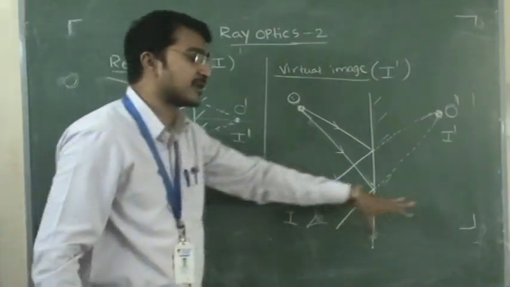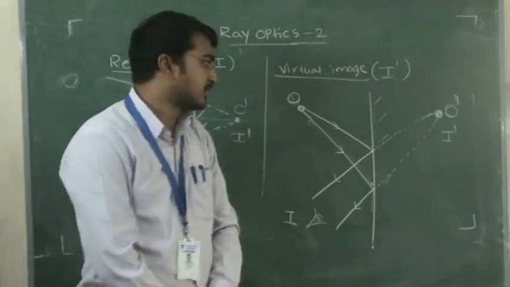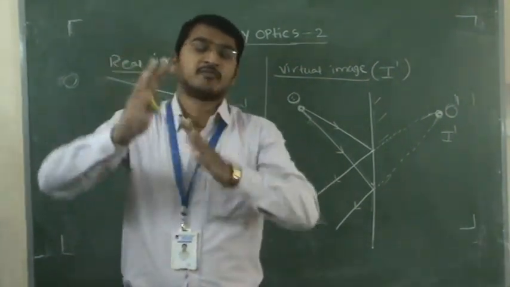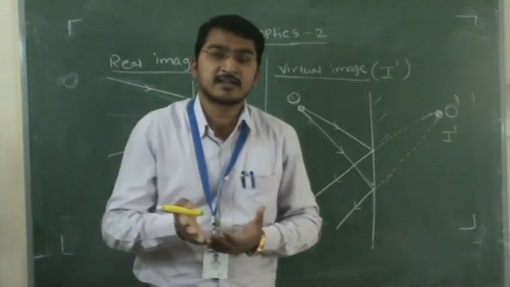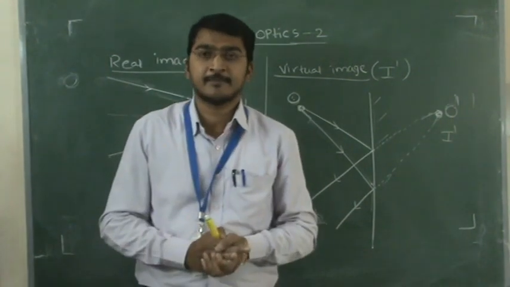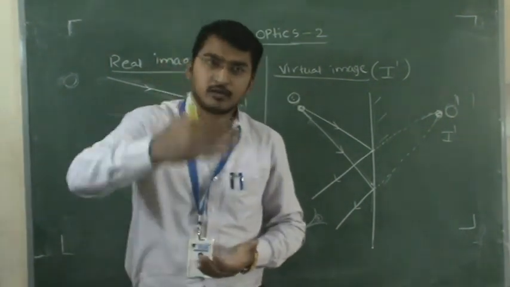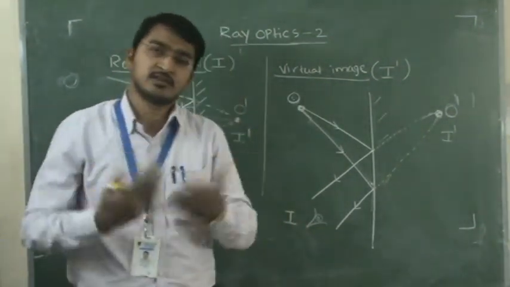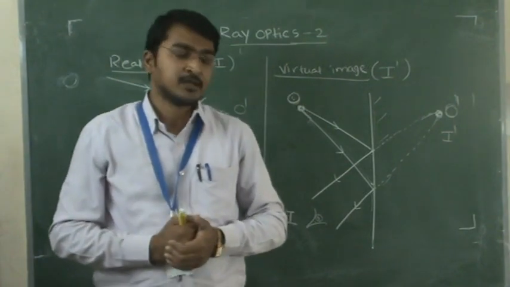So this diagram will give clear information. You can compare it with any situation of a plane mirror, like I said, a car side mirror, or while you are standing in front of the plane mirror at home.